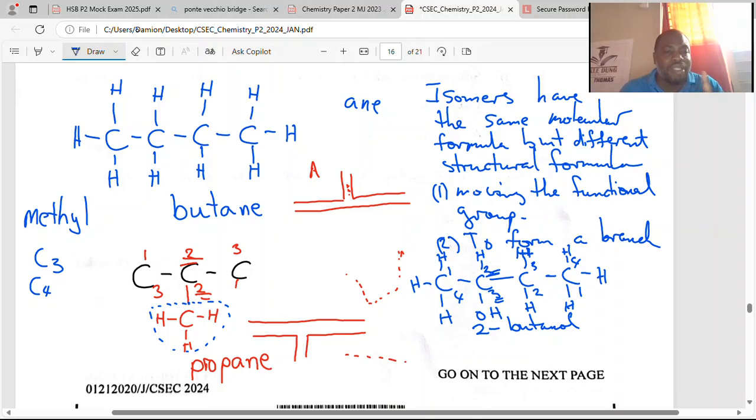Please remember the number is a representation of which carbon the functional group or the branch is on. So we have to tell persons, hey, on the second carbon, there is a methyl. So we say 2-methyl, and again, we separate that number with a dash because it's meeting a letter. So we get 2-methylpropane.